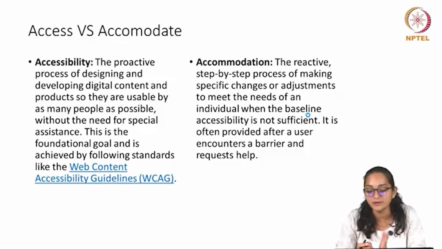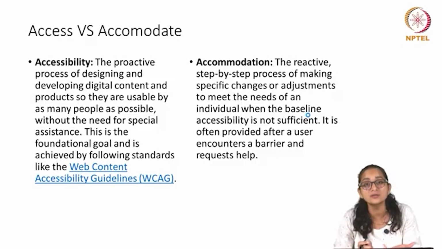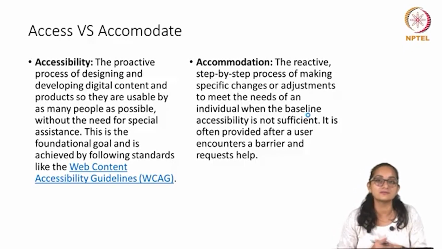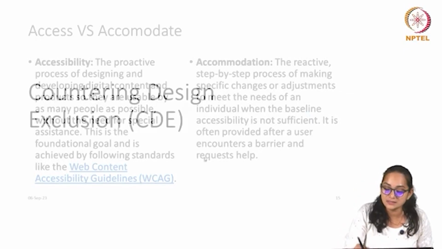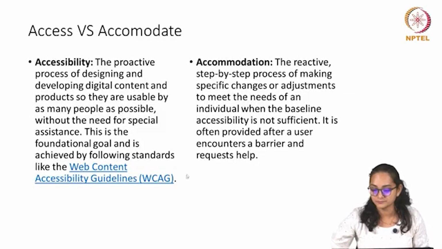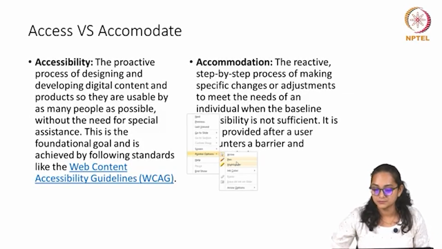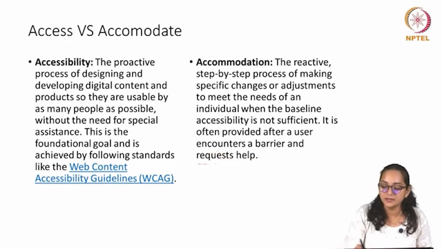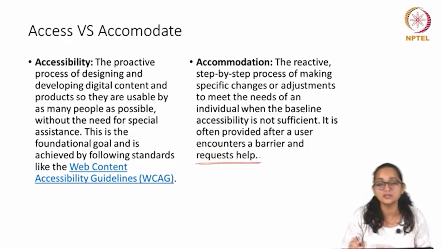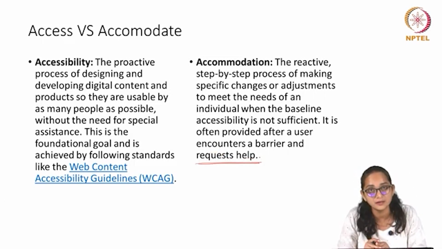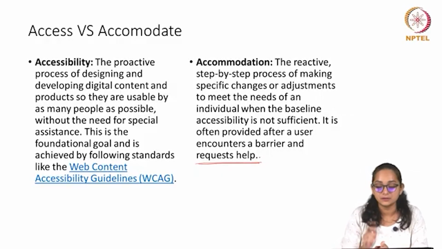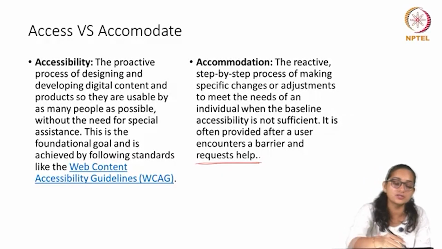Right? It is often provided after a user encounters a barrier and requests help. So I think this is very important: accommodations are provided when requested. Then it is called an accommodation.